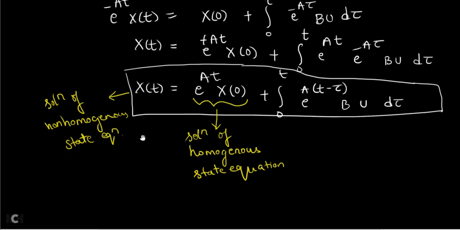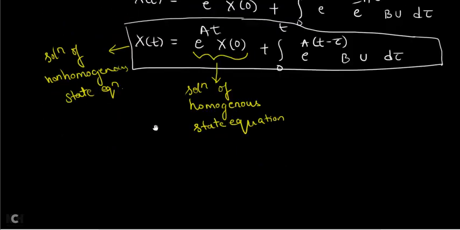Now after getting to know what x of t is, how do we find the output of the system? What is the output of the system? Y of t. So y of t is given by what? It is equal to cx plus du. If you know u is the input, you know that.